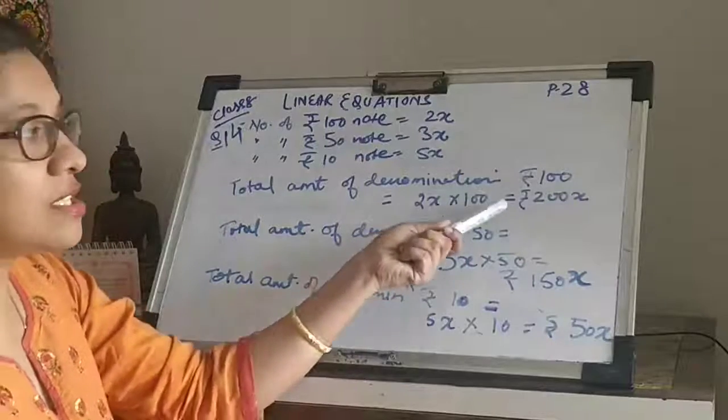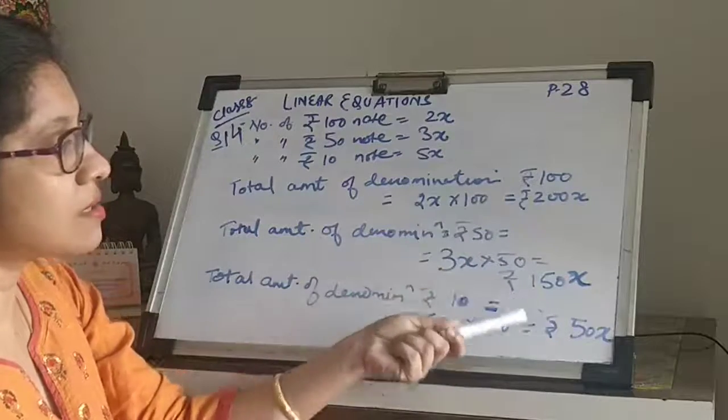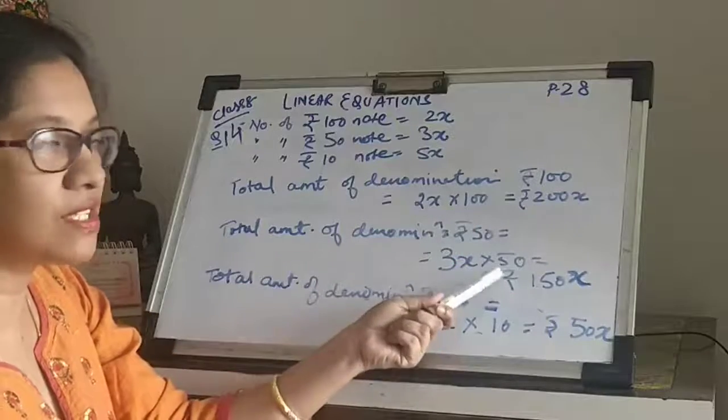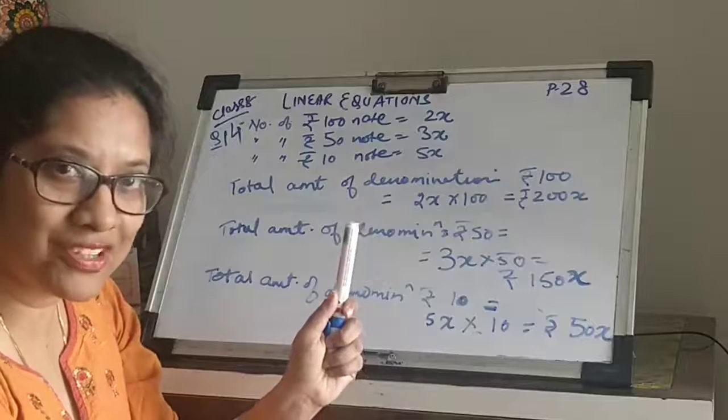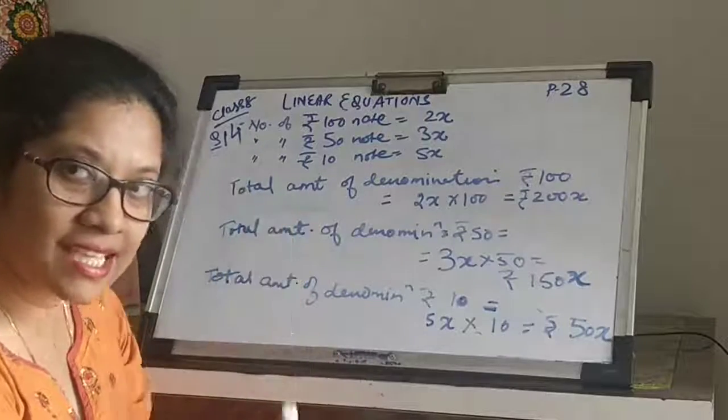Now, if you add all three amounts, rupees 200x plus 150x plus 50x, they sum up to rupees 4 lakhs.